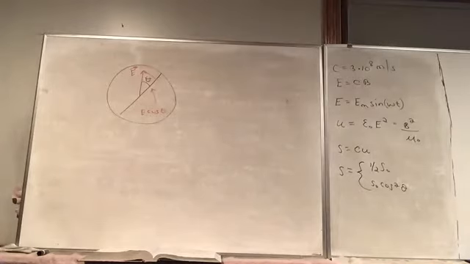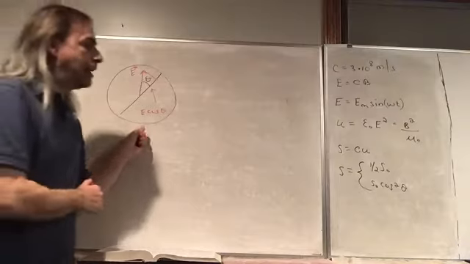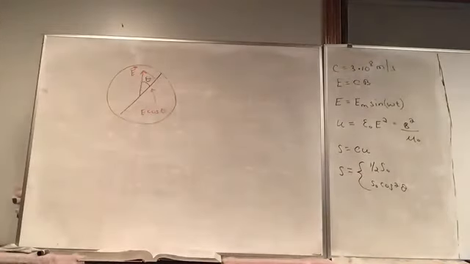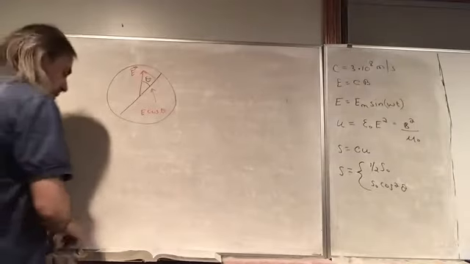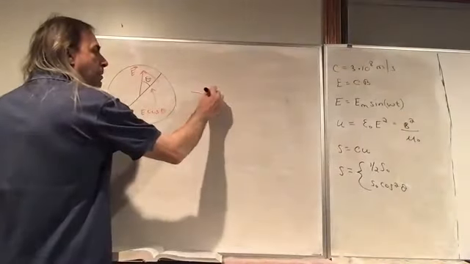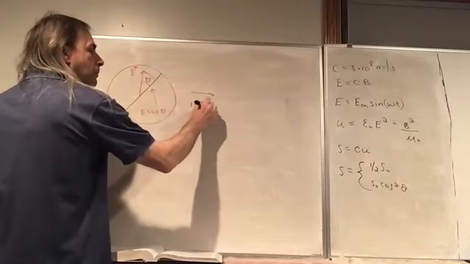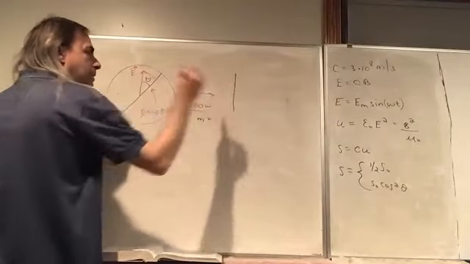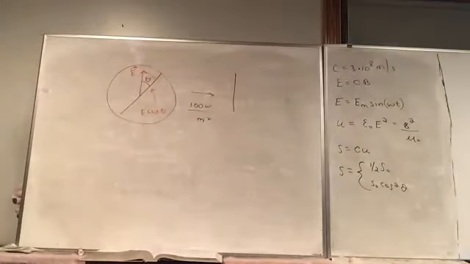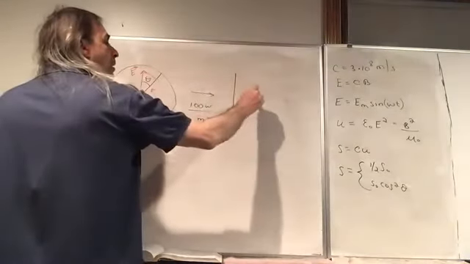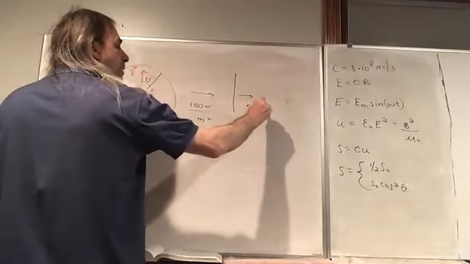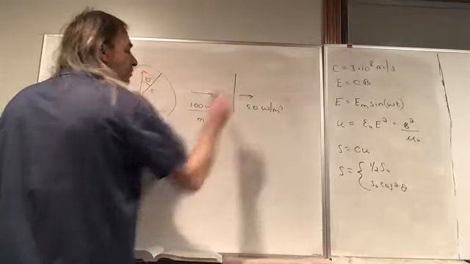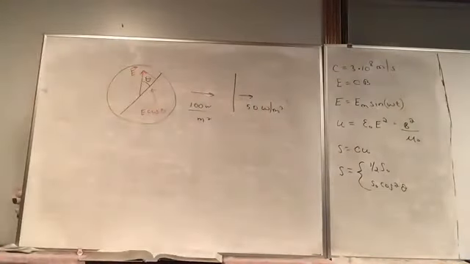So if you have completely random light hitting a polarizing sheet, the intensity is reduced by a factor of 2. So if you have like 100 watts per meter squared of unpolarized light, then it hits a polarizer, what gets through is just half, 50 watts per meter squared in this case.